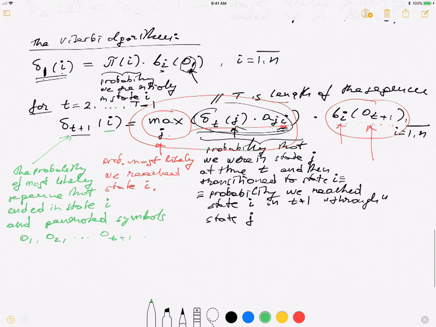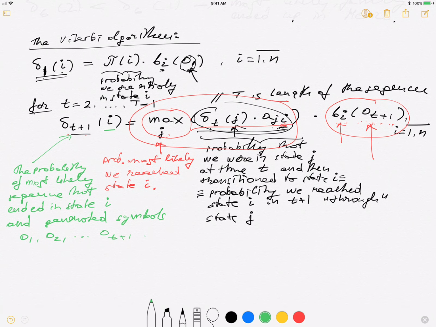And there is one more thing which I would like to know. What is really that j which maximizes this expression? So in order to determine that, I basically can write this one. P t plus 1 of I is equal to argmax.